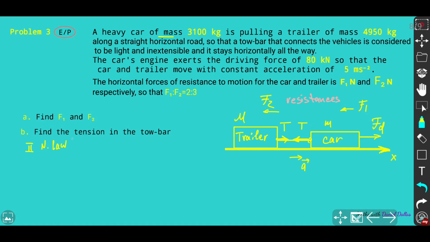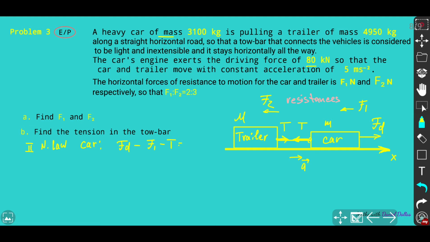So for the car, I have the driving force, which is 80 kilonewtons, then I take away all other forces, F1 and the tension, and the result is M times A according to Newton's second law.